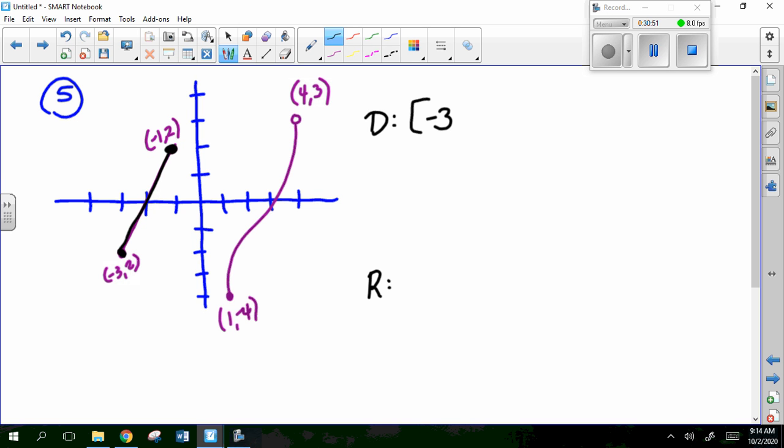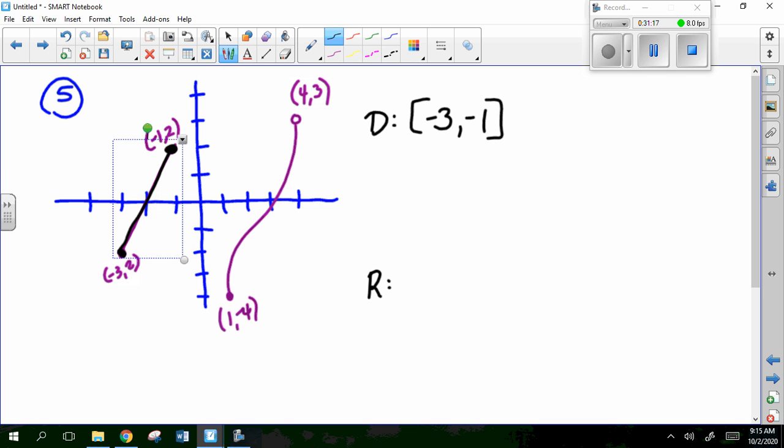Now, does the rest of the graph pick back up with the same x value? No, it does not. So that means I actually have to stop my interval at that x value. Now, is it an open or closed circle? Closed, so it also gets a square bracket.